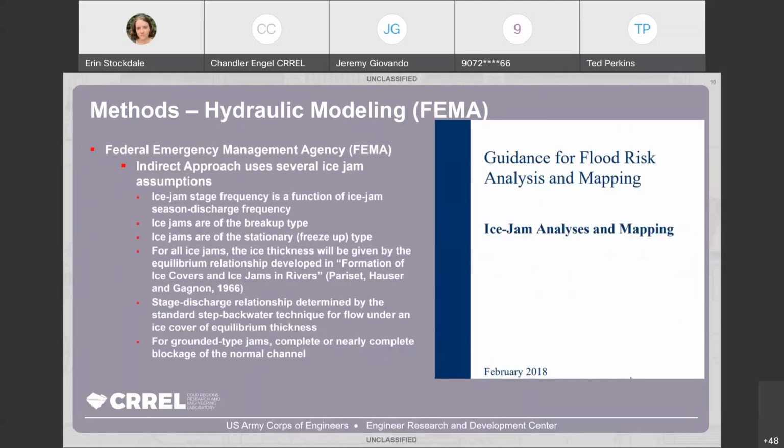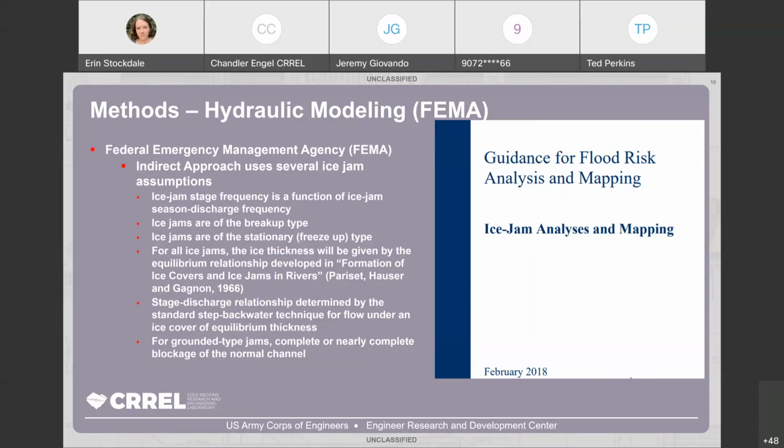Hydraulic modeling is also defined in the FEMA document, and I would point you to the fact that for the indirect approach, they do specify several assumptions. These assumptions are certainly related to the ice jam, as far as the frequency of ice jam, and also the ice thickness, where they prescriptively define how to find the ice thickness to use.